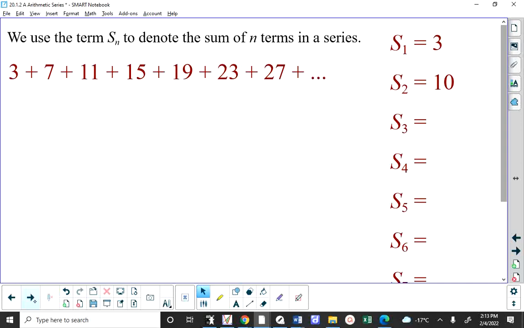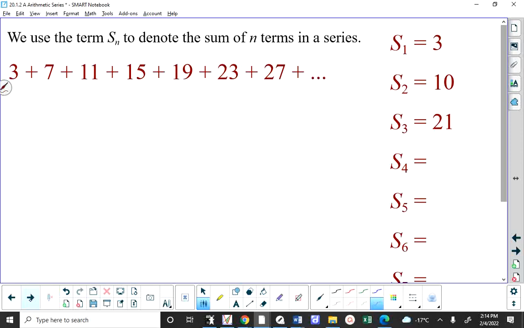S3 would be the sum of T1 plus T2 plus T3. And really, that's maybe worthwhile pointing out. T1 plus T2 plus T3. That's what's going on here. S4 would be T1 plus T2 plus T3 plus T4. So if you add up the first 3 terms, you get 21.